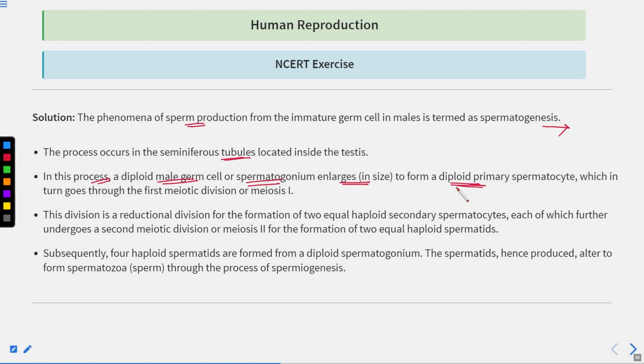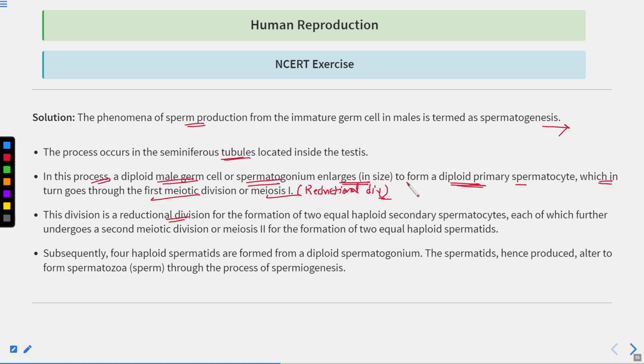The diploid primary spermatocyte in turn goes through the first meiotic division, also known as meiosis 1. This division is a reductional division. There is a reduction of the chromosome number. So if the cell is diploid, it will transform into haploid.